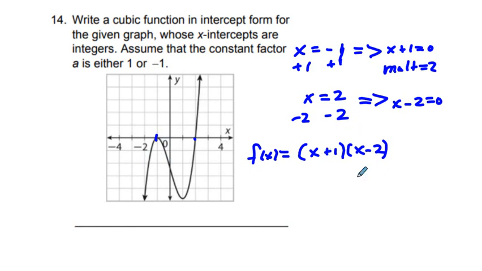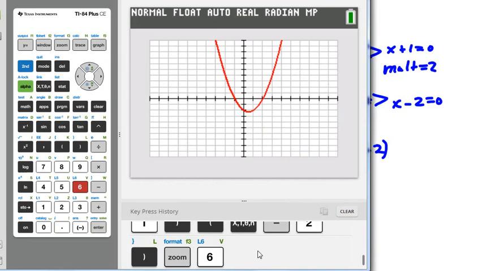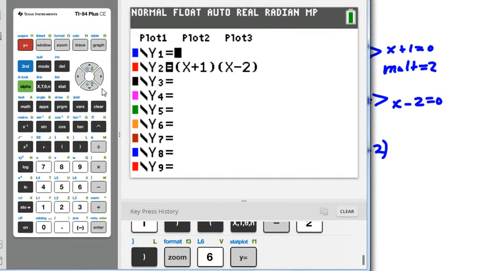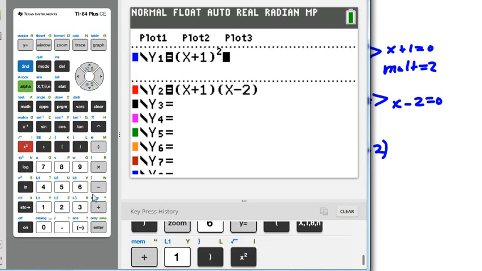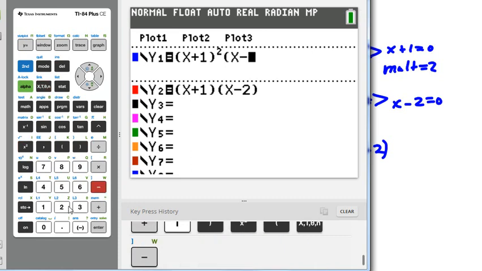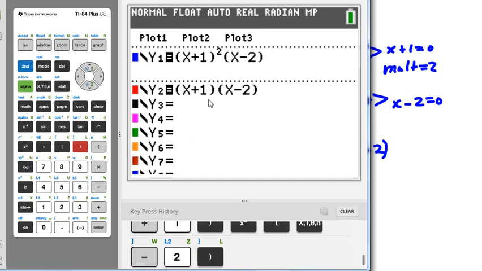So I'm going to make this in red just to emphasize: we're going to have quantity x plus 1 squared times quantity x minus 2. I'm going to re-enter this function here in the blue, the same thing, but with quantity x plus 1 squared times quantity x minus 2. We're going to see side by side how different these are.